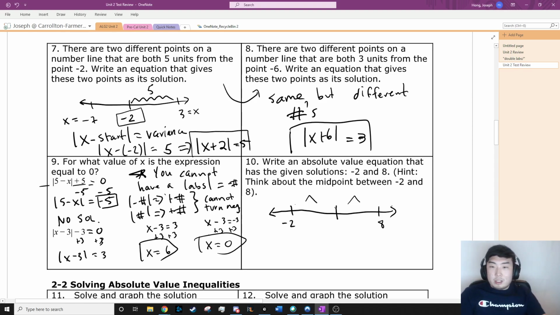So what you can do is do -2 to 0. This is 2 steps, right? And 0 to 8. This is 8 steps. And you add them together, that's 10. So 10 divided by 2, because this 10 is talking about the whole distance between -2 and 8. So to find the middle, I have to divide it by 2, which is 5. So this point has to be 3.